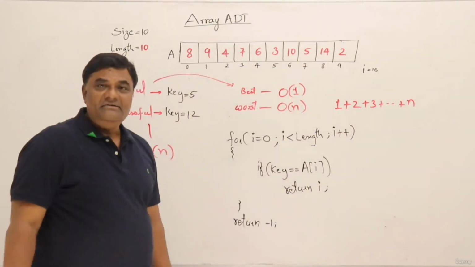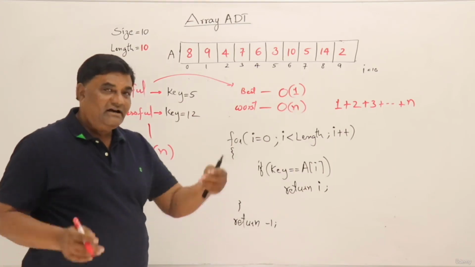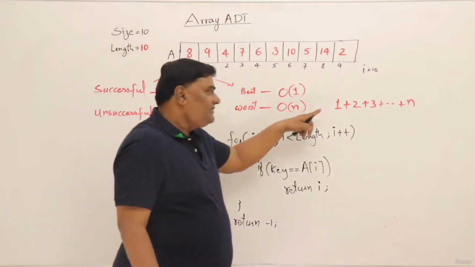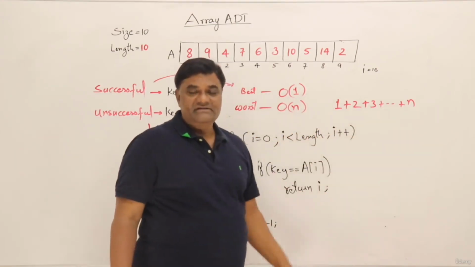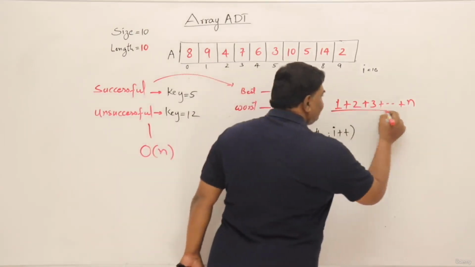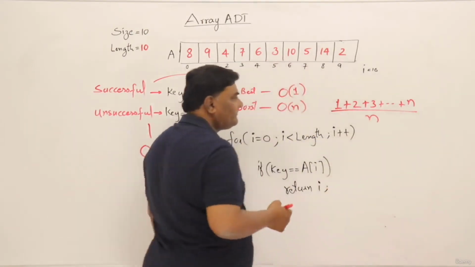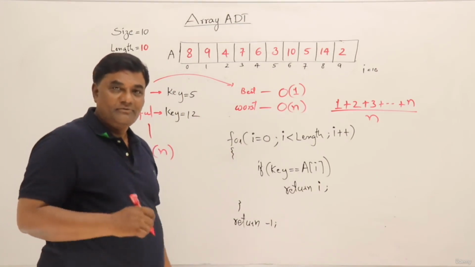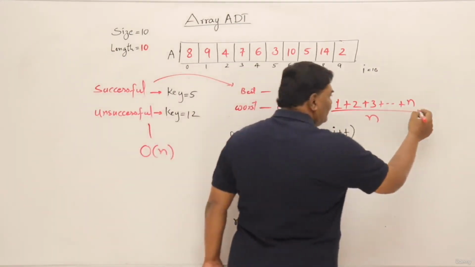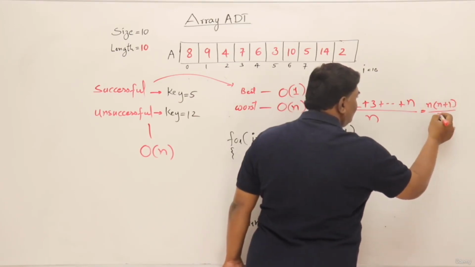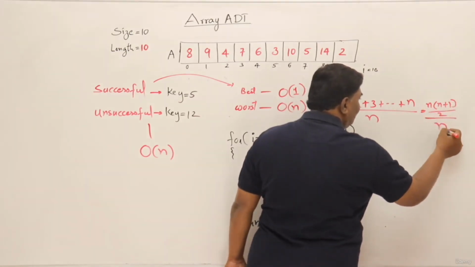So I have taken the time taken in all possible cases, and I have taken the total time taken in all possible cases, the sum of the times taken in all possible cases. Then how many cases are there in total? N elements are there, so n cases are there. So sum of the time taken in all possible cases divided by the number of cases is equal to n into n plus 1 by 2, whole divided by n.